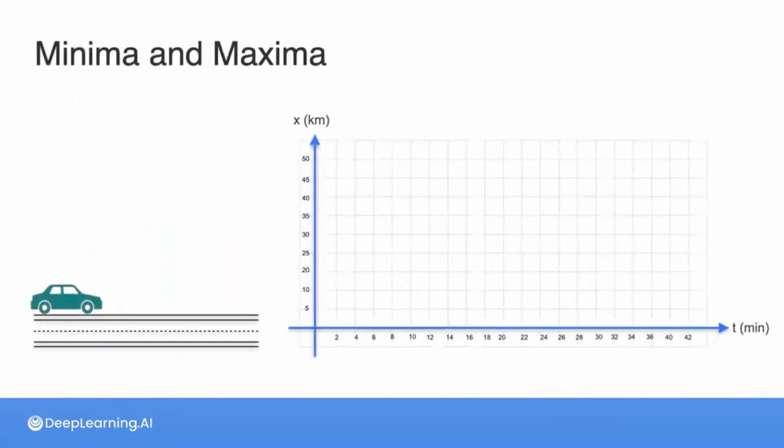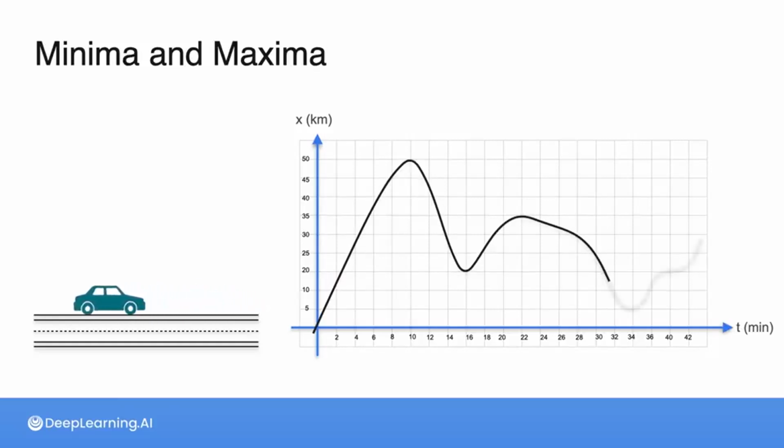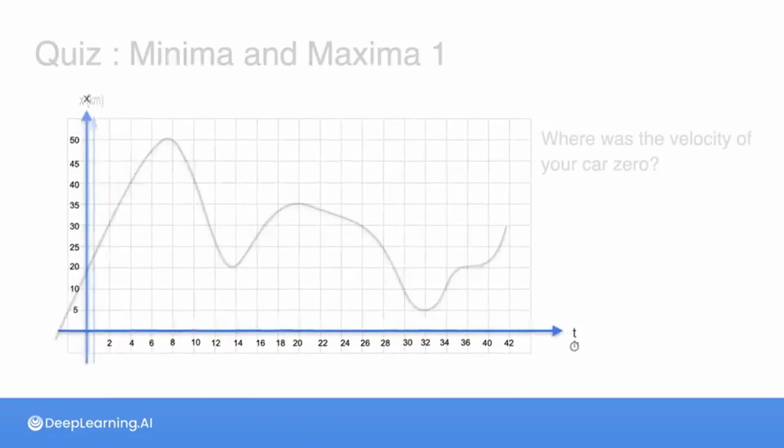So now let's look at a trajectory of the car. We're going to plot it on the right. So first the car goes forward, then it stops, then it goes backwards, then it stops, goes forward again, then backwards again, and then forwards again. So here is a quiz question for you.